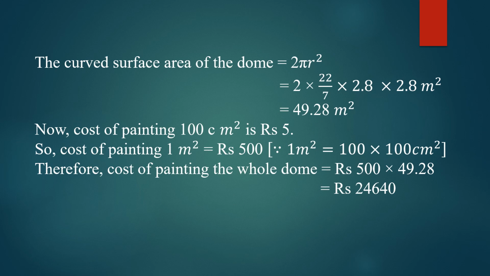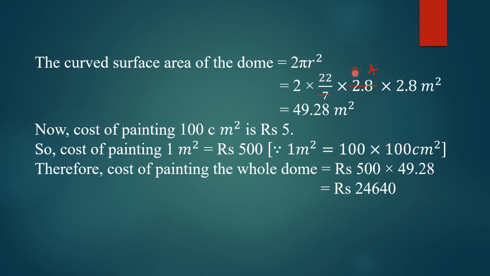See here, 7 one time, 7 table, 7 one time. Here, how many times 7? 0.4 times. Then what are the numbers left here in the numerator? 2 into 22 into 0.4 into 2.8.